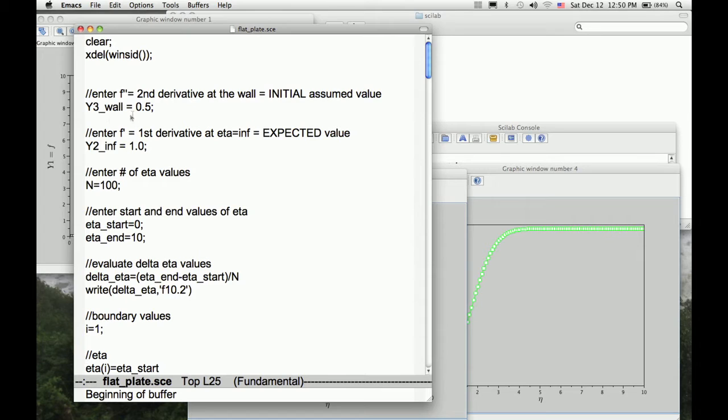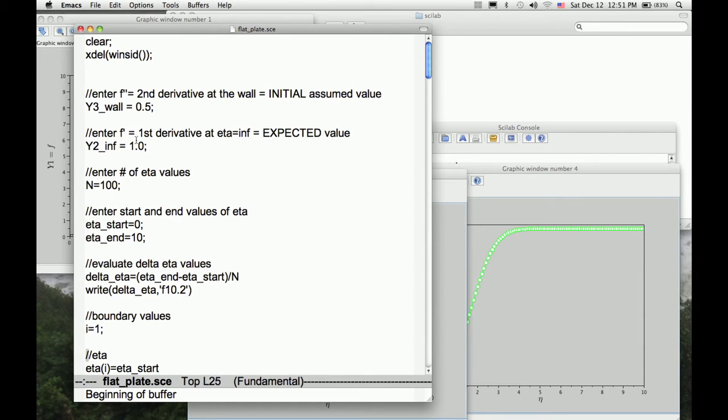These are kind of like boundary conditions, you might say. In this particular code, f double dash is basically the second derivative at the wall, which is the initial assumed value, and we call that y3 wall, which we take as 0.5. This is an initial assumed value, as you can see.